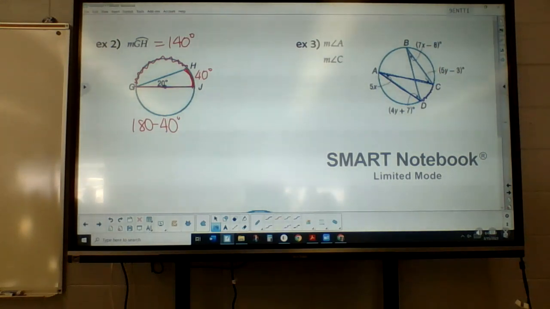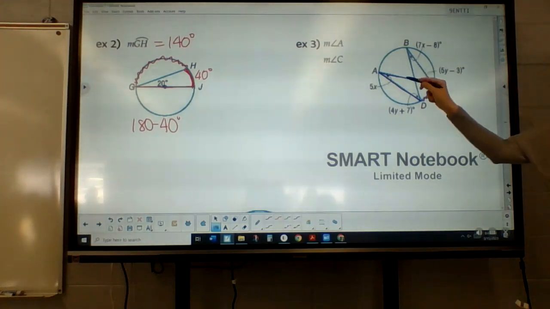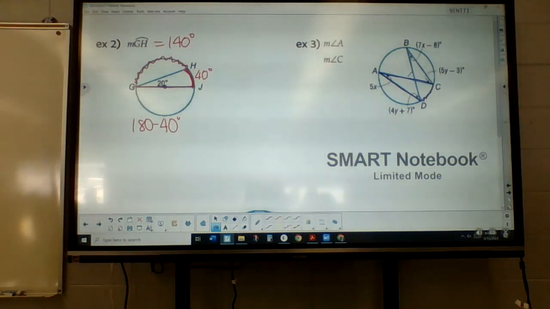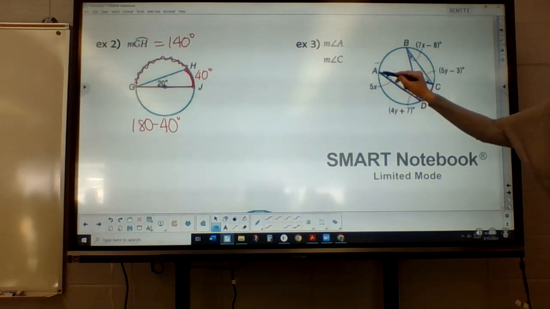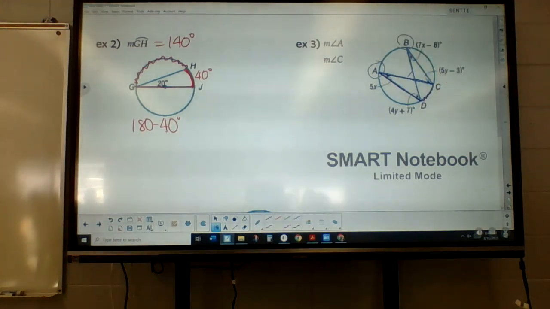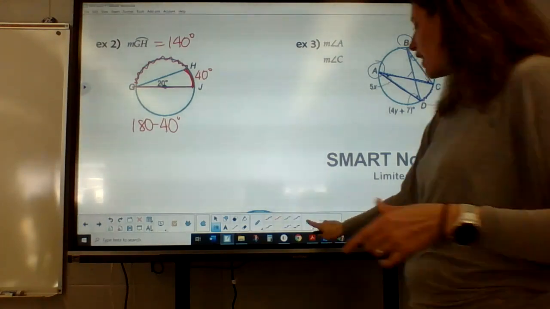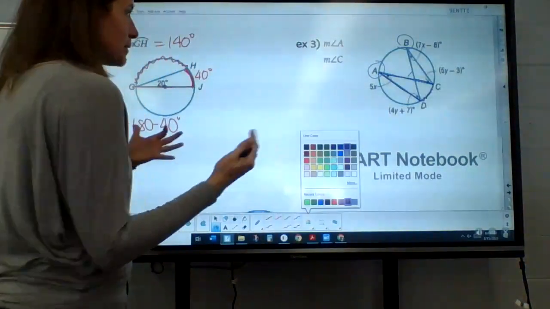So those two angles match up with that arc. What do I know about those two angles then? They're going to be equal to each other. So A and B are going to be equal to each other because they both touch the same arc.